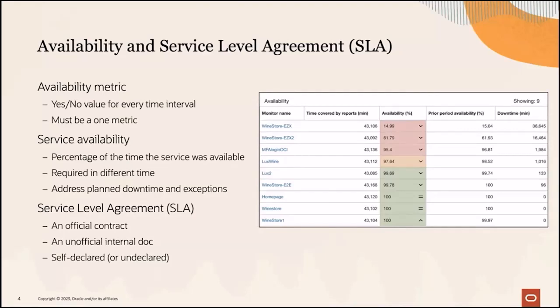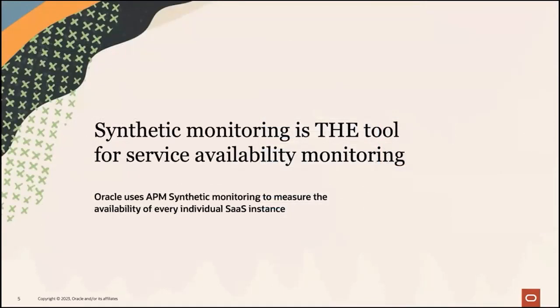So now that we know what an SLA is, how do we monitor SLA? The best way to monitor for SLA is using synthetic monitoring, and I'll explain why throughout the entire presentation.